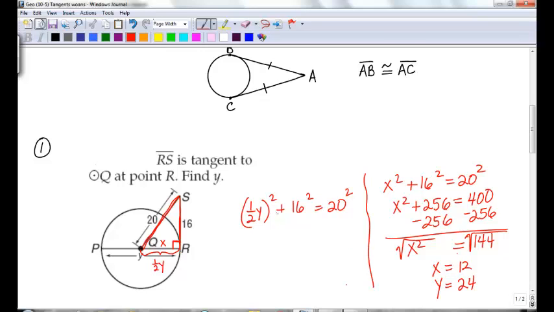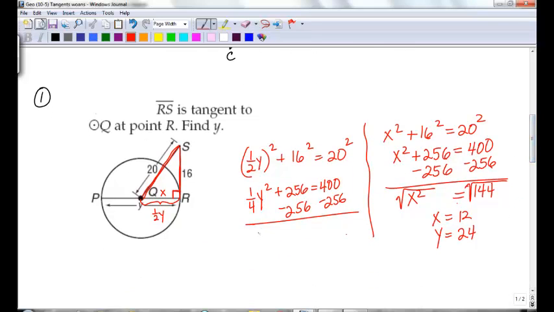If I did it this way, when you square a fraction, 1/2 times 1/2 would be 1/4, and you would also square the y, and you'd still end up with all of this, right? So you'd subtract the 256. So you'd end up with 1/4 y squared equals 144, right?